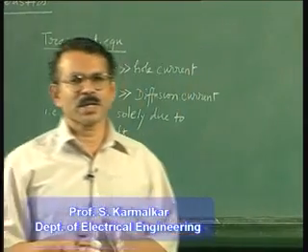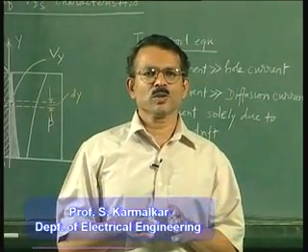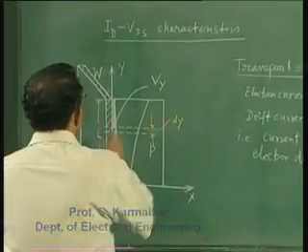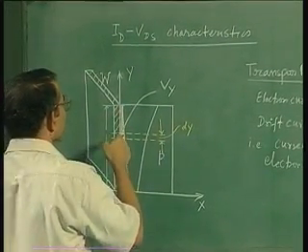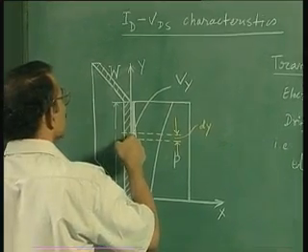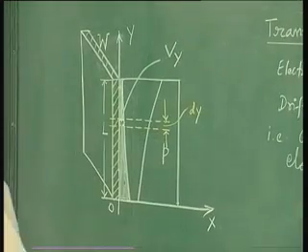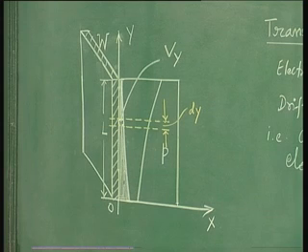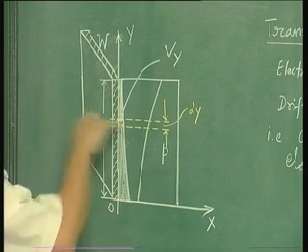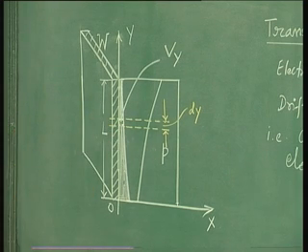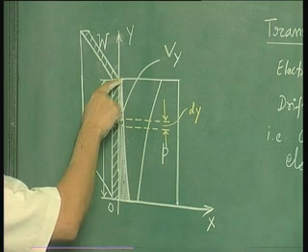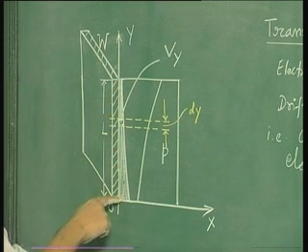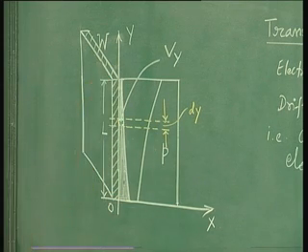The electron continuity equation here will reduce to the following statement: if you take the current across any cross section, please note that the cross section will be perpendicular to this particular board, that current will be the same along the y direction, and therefore it will be equal to the drain current.